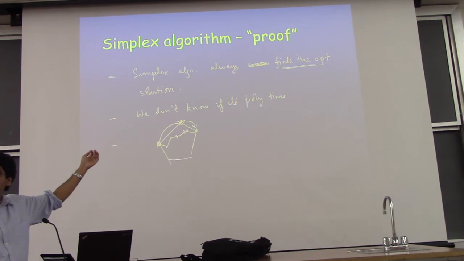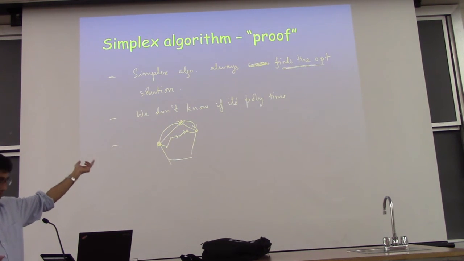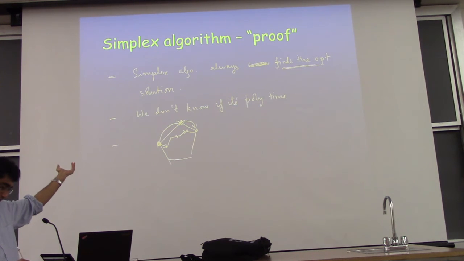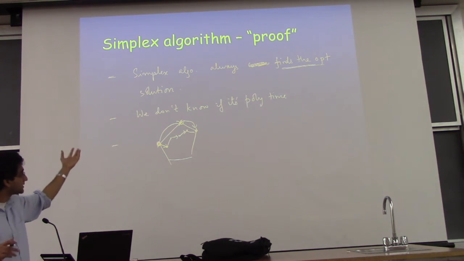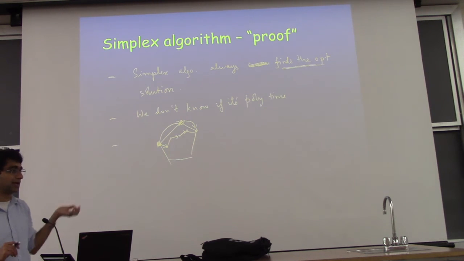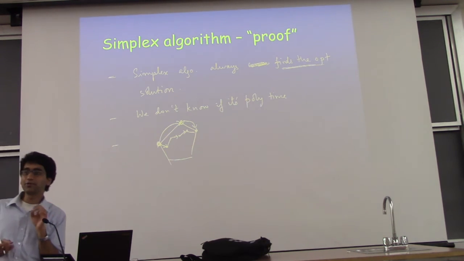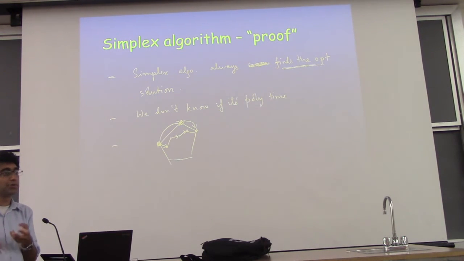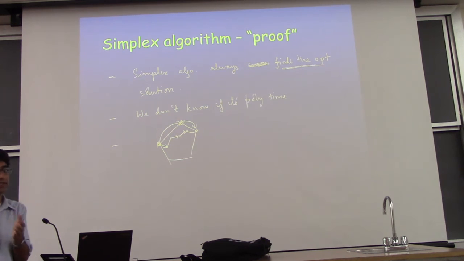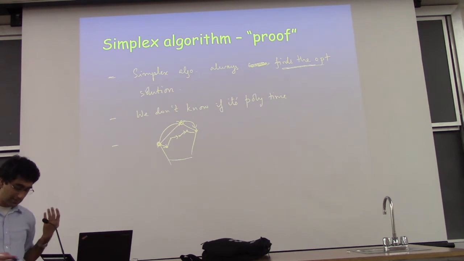So you don't know how much to move, so it's not clear. Maybe you have to move and then search, and then check for feasibility every time and so on. So there's a small notion of efficiency there. But perhaps the biggest reason people use this in practice is because you hope that the number of iterations is way smaller. And this turns out to be true in basically all applications.